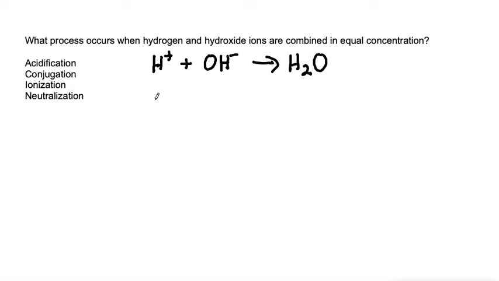Also, keep in mind that a hydrogen ion is acidic. It's an acidic ion. So if you have a higher concentration of hydrogen ions, that would make something acidic. Whereas if you have a higher concentration of hydroxide ions, that would be basic.